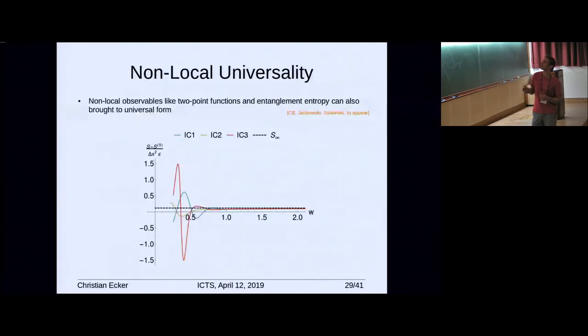The nice thing is you can not only find this universality in these one-point functions in the stress tensor, but more recently we also did a study where we looked into that from the point of view of entanglement entropy, and here it's also possible to bring the entanglement entropy in a universal form and find this universal late time behavior.